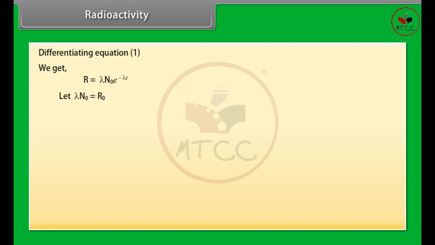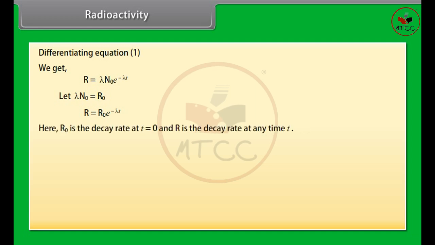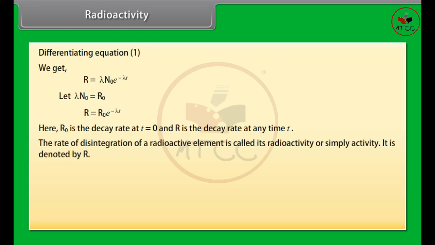Let lambda N0 equal to R0. R is equal to R0 e raised to the power minus lambda t. Here, R0 is the decay rate at t equal to 0 and R is the decay rate at any time t. The rate of disintegration of a radioactive element is called its radioactivity or simply activity.